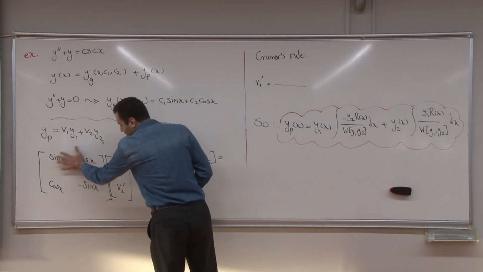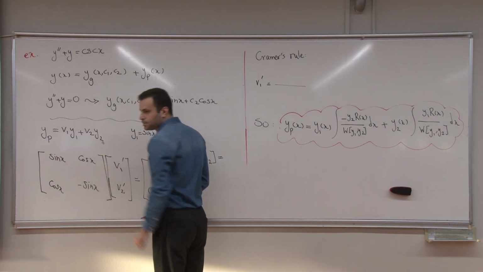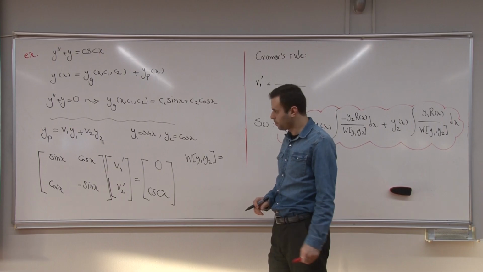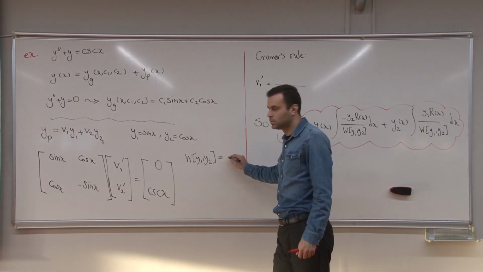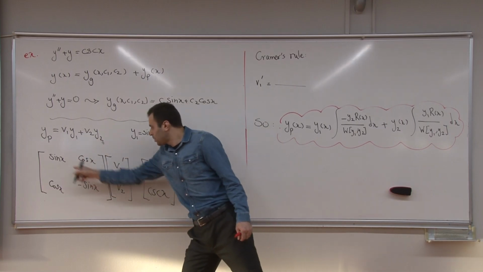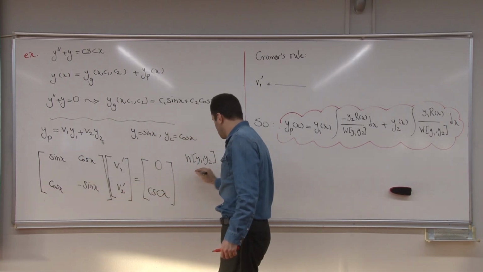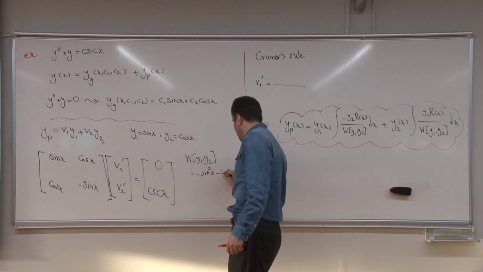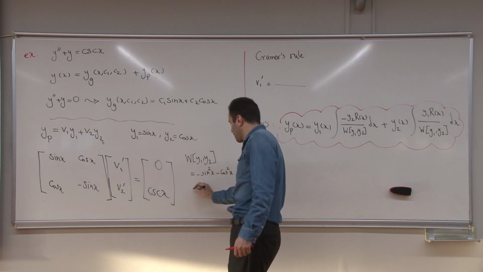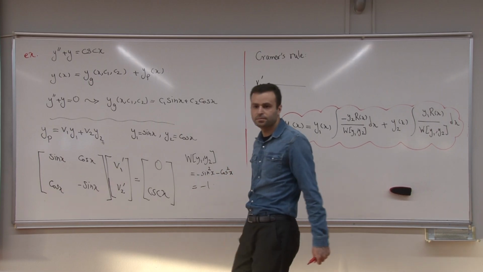Or what is the determinant of this matrix? Minus sine squared x minus cosine squared x. This is going to be minus sine squared minus cosine squared. So minus 1. Yes. Okay?